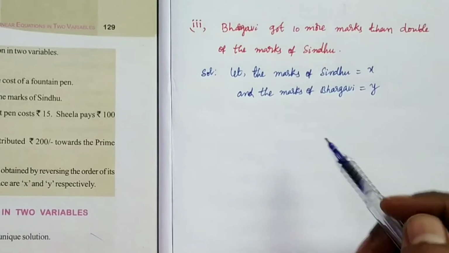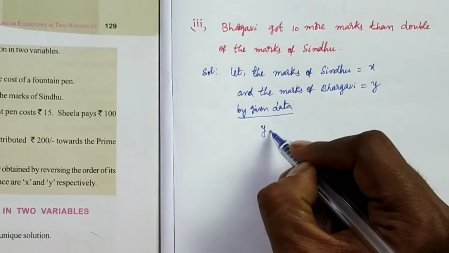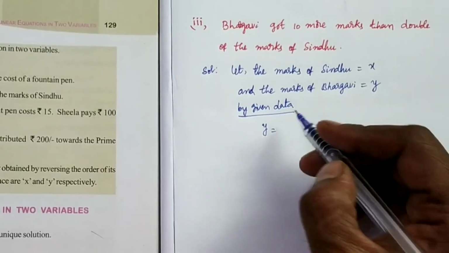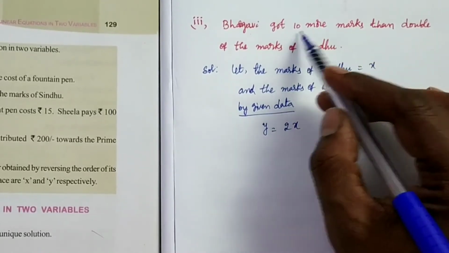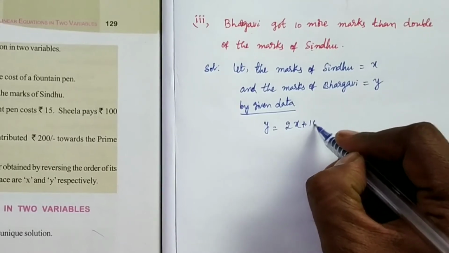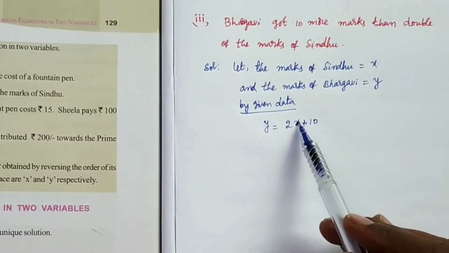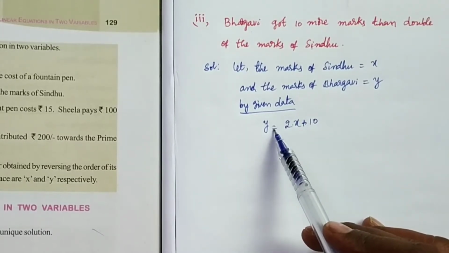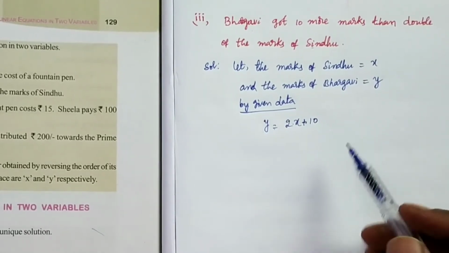So now by given data, Bhargavi's marks is equal to double of the marks of Sindhu, that means 2x, plus 10 more marks, so 2x plus 10. So 10 more marks than double of Sindhu's marks is equal to Bhargavi's marks. That's why this is the equation.